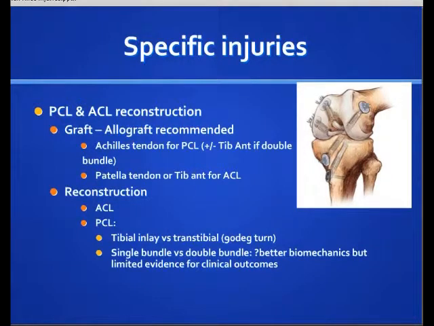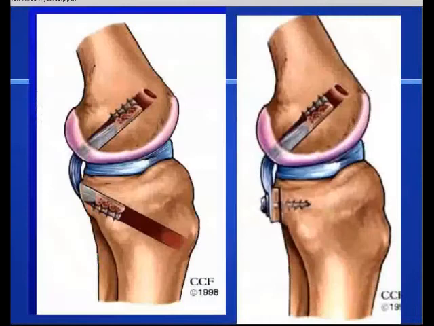And then there are other areas of controversy, including the way in which the PCL is reconstructed, single versus double bundle. And lastly, fracture dislocations overall have a poor result.